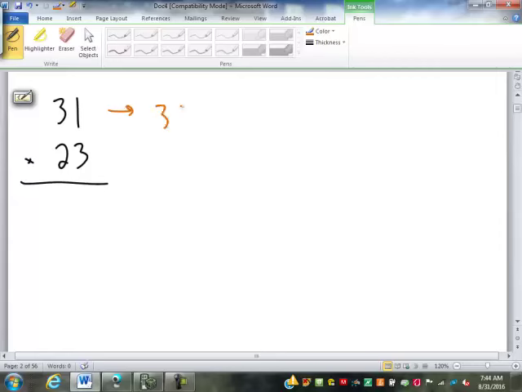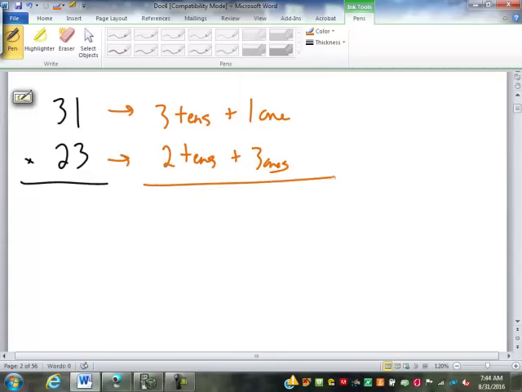So 31 is 3 tens and 1 one. 23 is 2 tens and 3 ones. When we multiply, do we need to have the same name? No, we don't. So what that means here is this 3 tens not only can be combined with the 2 tens, but it can also be combined with the 3 ones. In fact, every digit in the top number can be combined with every digit in the bottom number.